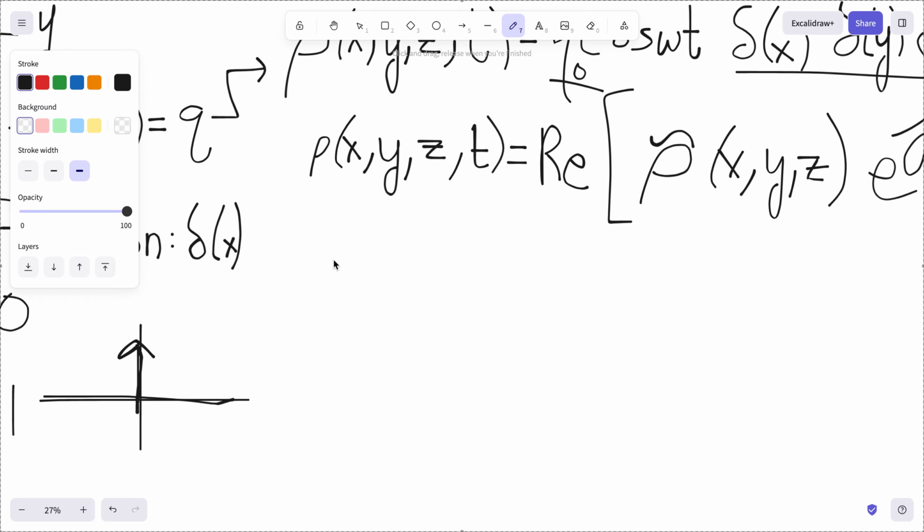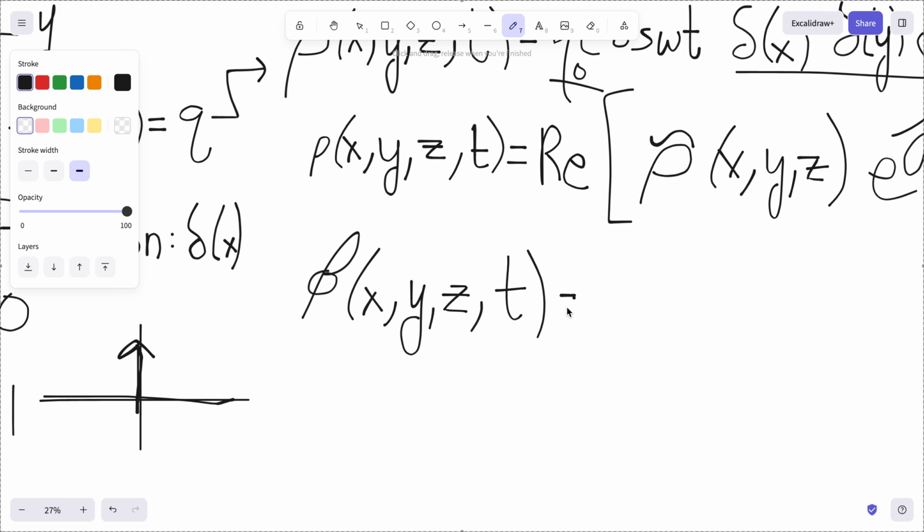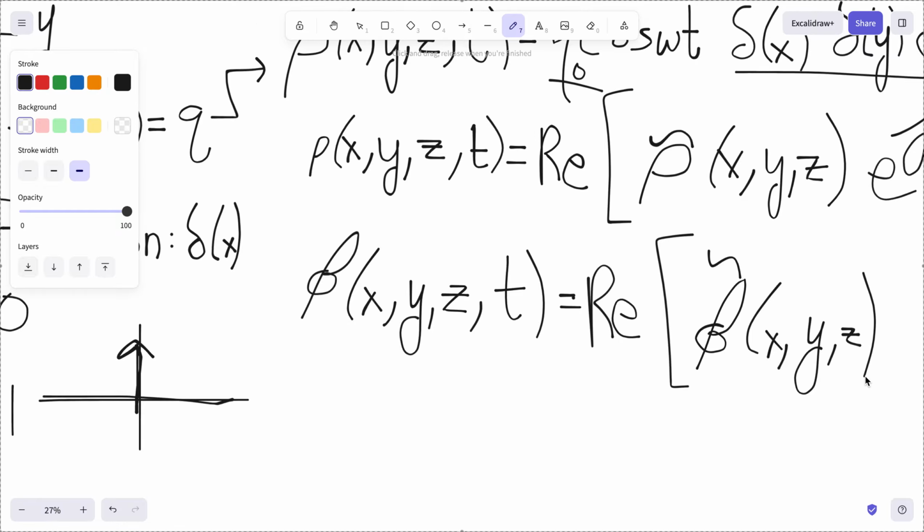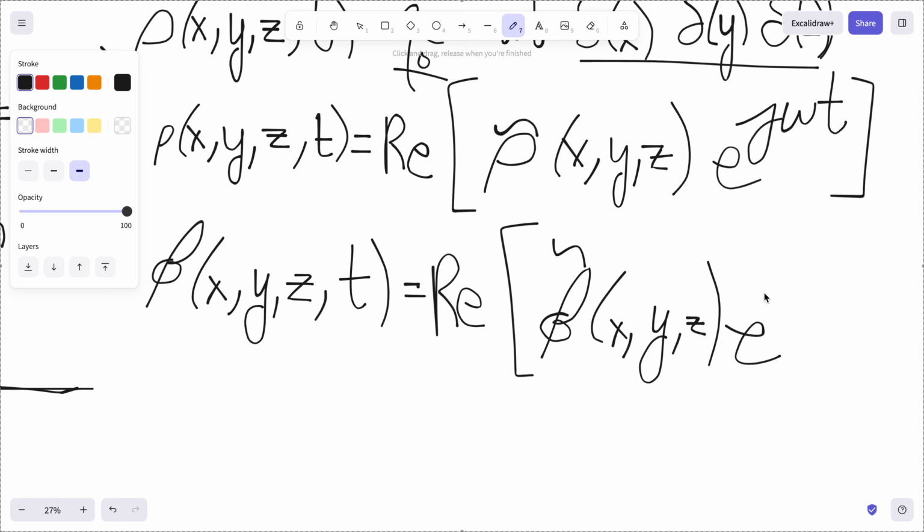Similarly, we'll first solve for phi. We want to define phi as a phasor to make the math easier. So we'll say that phi of x, y, z, t is equal to the real part of phasor phi of x, y, z times e to the j omega t.